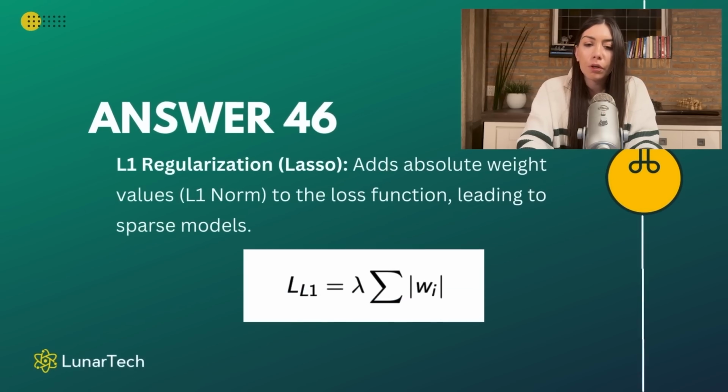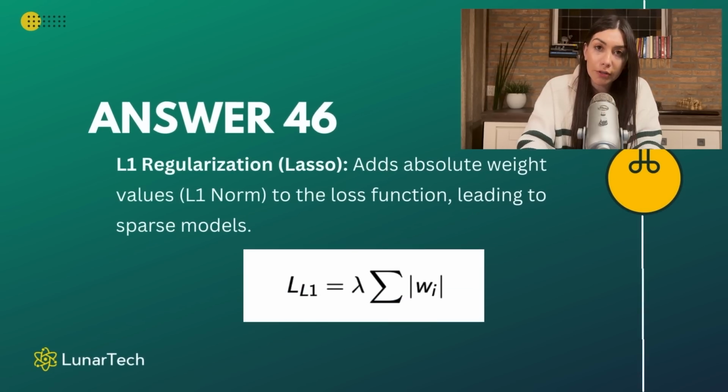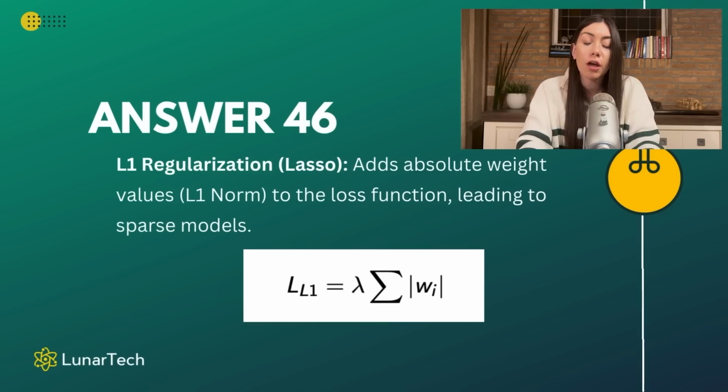Whereas L1 regularization, which is based on the L1 norm, also referred to as lasso regularization, adds to the loss function the sum of the absolute values of the weights. You can see here that it's equal to lambda multiplied by the sum of all the absolute values of Wi, the weights of our neural network. The way L1 regularization works is that it adds these absolute values, which then shrinks the weights towards zero.